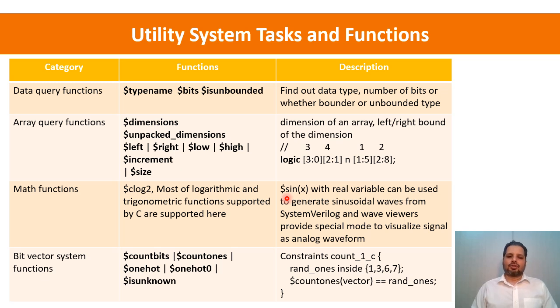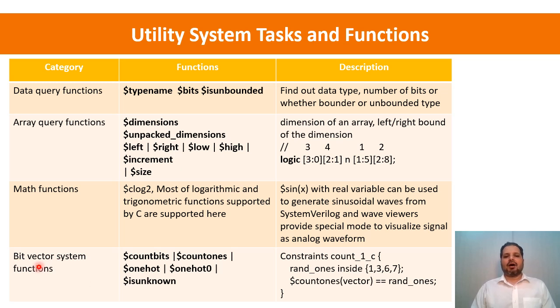So in those cases, the math libraries could potentially be useful. Not that I have ever had an opportunity to use them. The $clog2, the logarithmic function, however, is useful. Given the total number of bits, if you want to find out how many bits it takes to represent it, $clog2 is useful while doing parameterization.